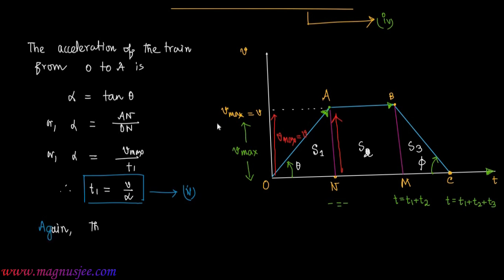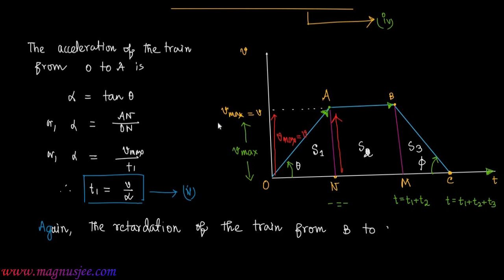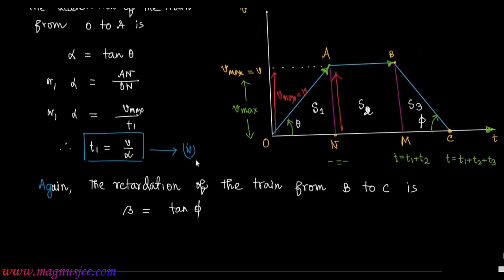Again, the retardation of the train from the point B to C while traversing the distance s3 is given by beta is equal to tan of 180 degree minus phi, that will be equal to tan phi.